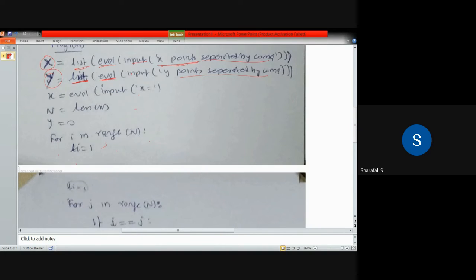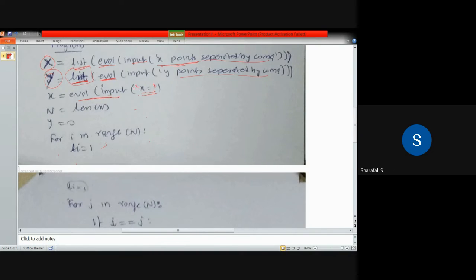Similarly, here also for this x value we have used eval, so whatever we have given as integer or float, that x value will also be considered as that same data type.